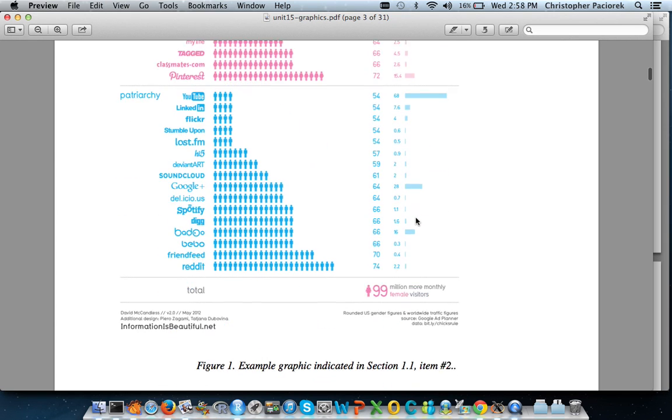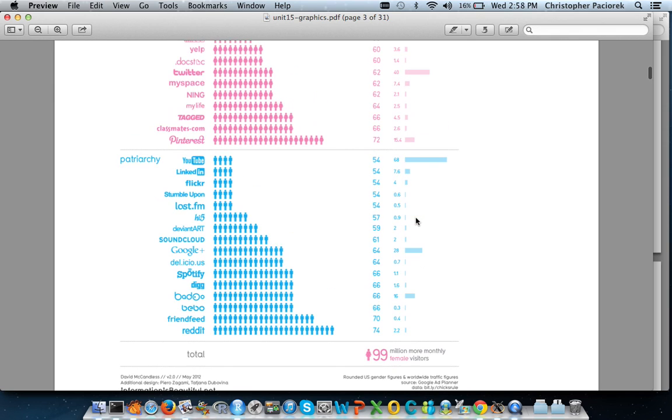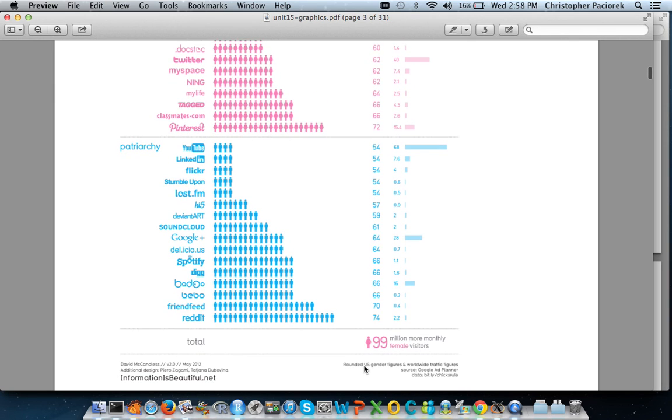There is this mixing of content here that's down in the lower portion, which you might not get unless you look really closely, which is that the percentages are based on the U.S., and then the worldwide traffic figures are based on the world.